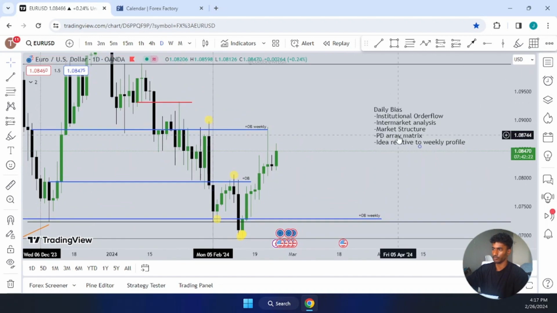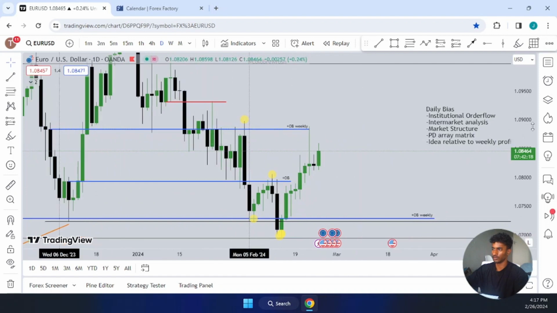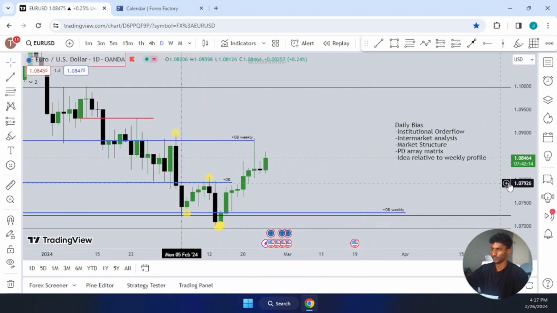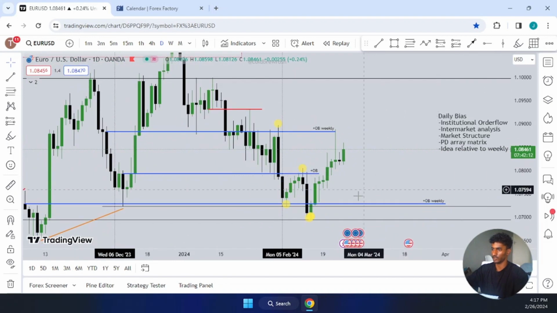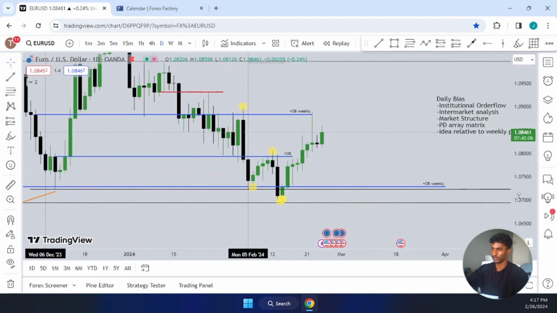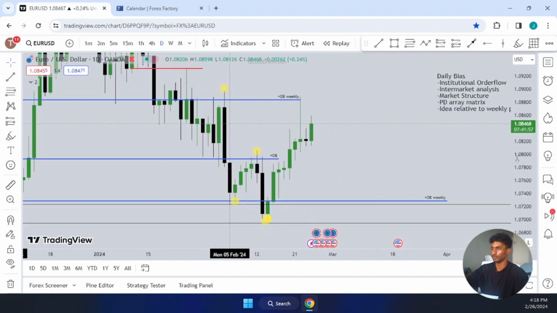After I have market structure, and I'm aware of the highs and lows, what's more likely to get violated and what's more likely to get respected, then I look at the PD array matrix. With this, I'm just looking for PD arrays within the price range here. So like an order block here, fair value gap, what's being respected and what's being violated.